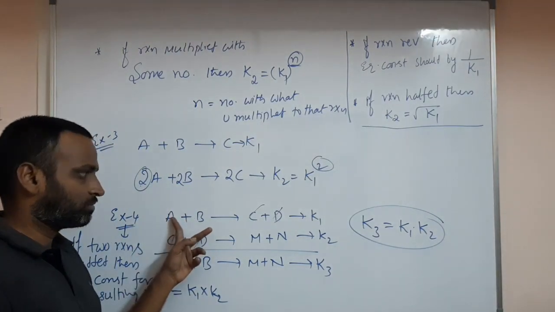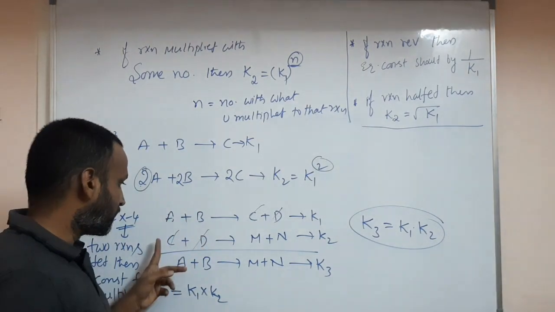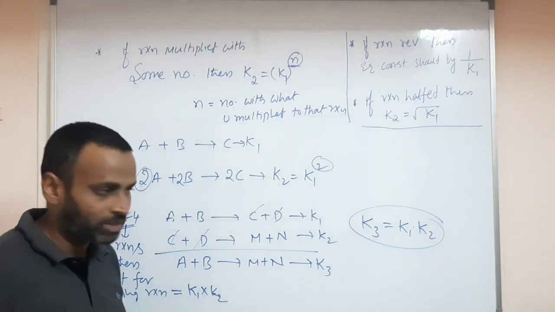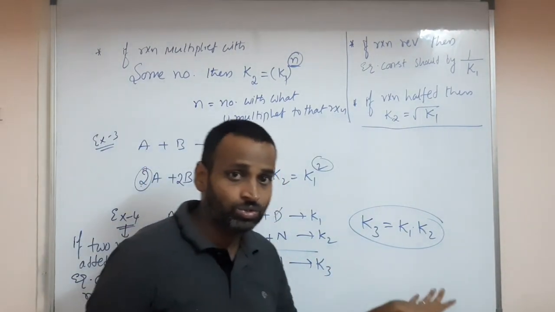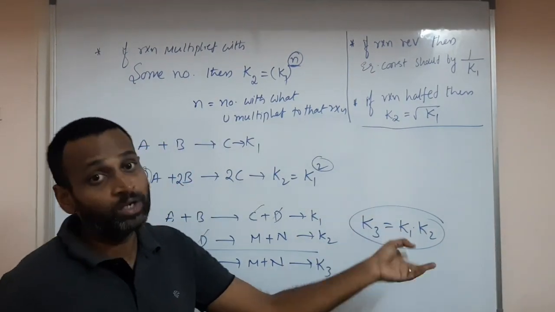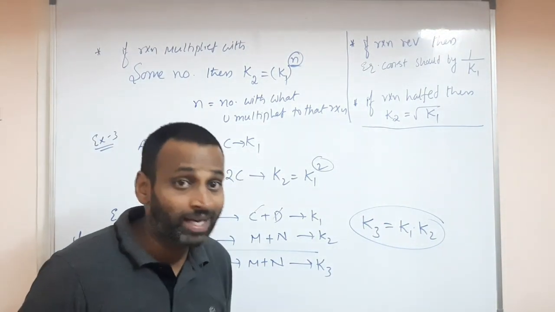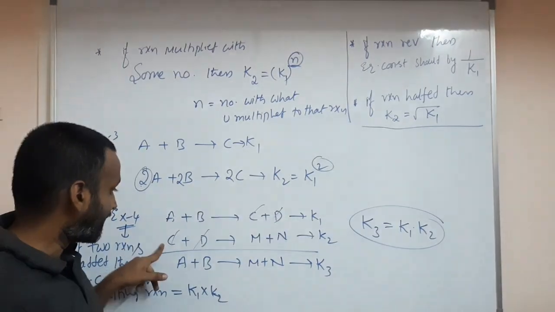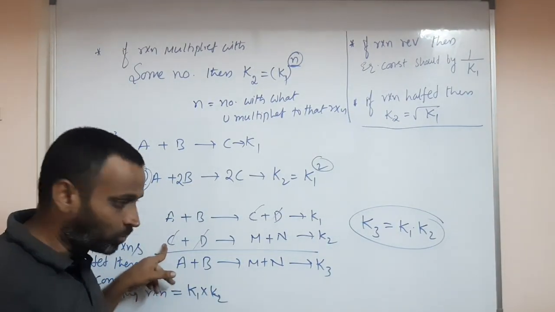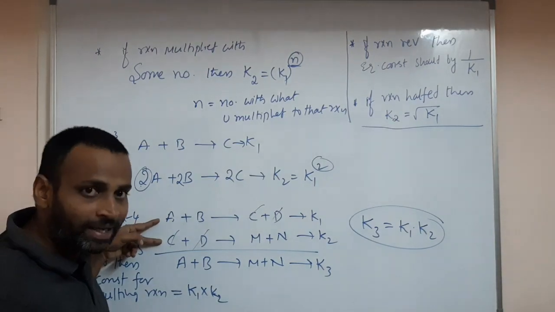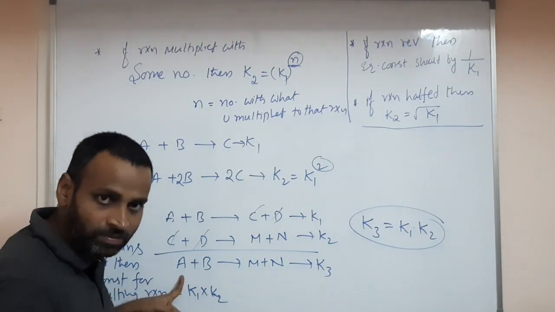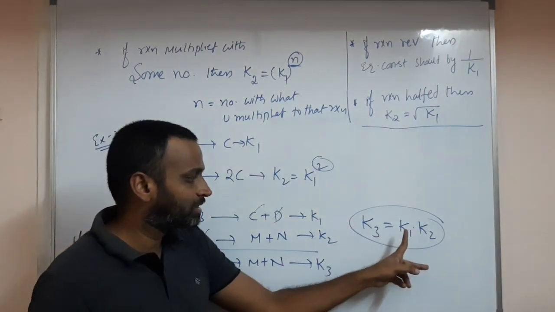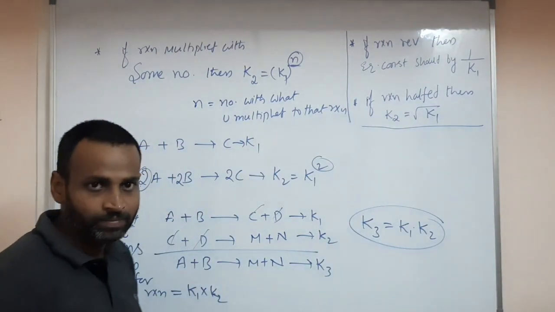If one reaction is written as it is, the second reaction is multiplied by 2 and squared, and both are added for the resulting reaction, then K3 is equal to K1 into K2 square.